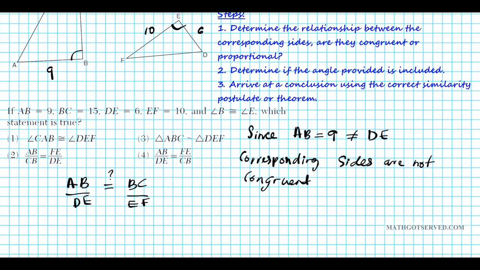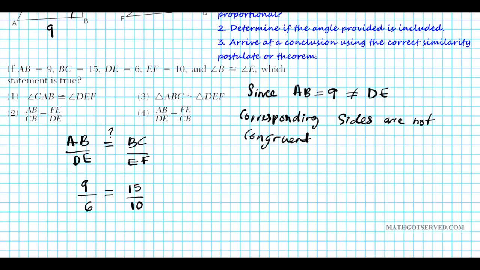If so, then corresponding sides are in proportion. We just need a pair of corresponding sides to establish proportionality, okay? AB is 9, DE is 6, BC is 15, and EF is 10. Is this a true statement?